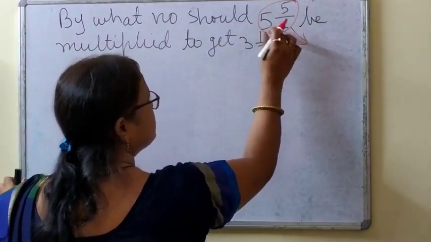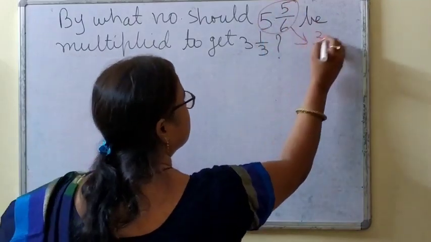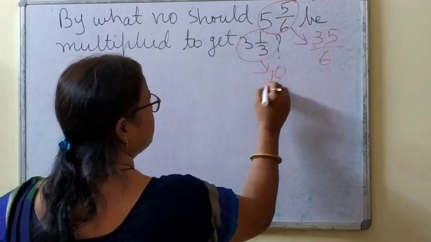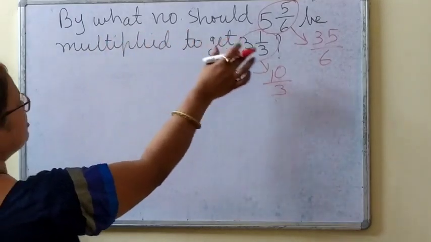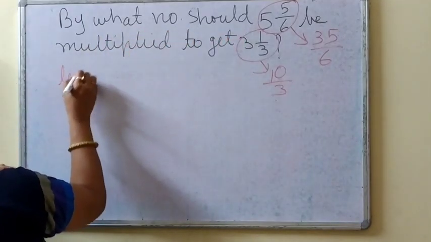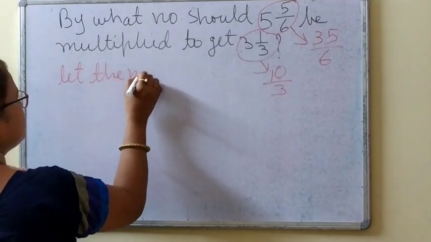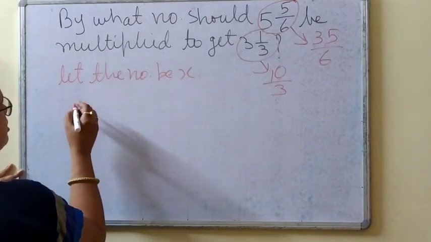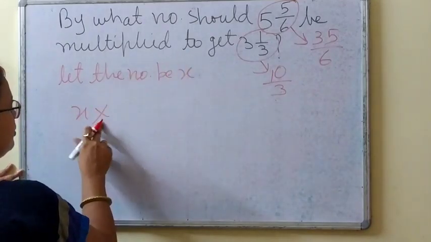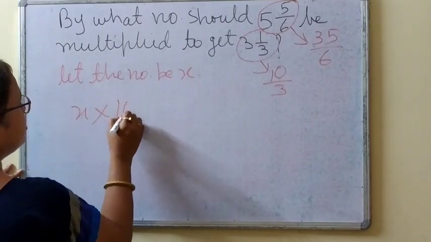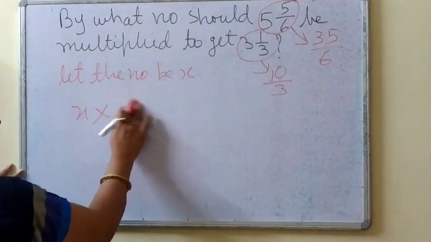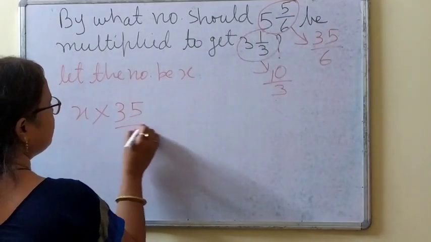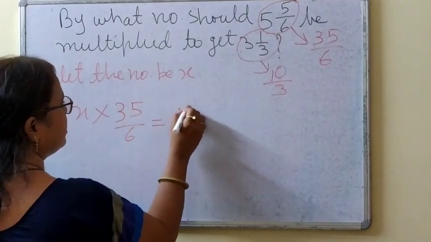So what is this? 5 6s are 30, 30 and 5, 35 by 6. Then this one is 3 3s are 9 and 1, 10, 10 by 3. Clear? So by what number should it be multiplied? Let the number be X. So we can write X into 35 by 6, and this is equal to 10 by 3.